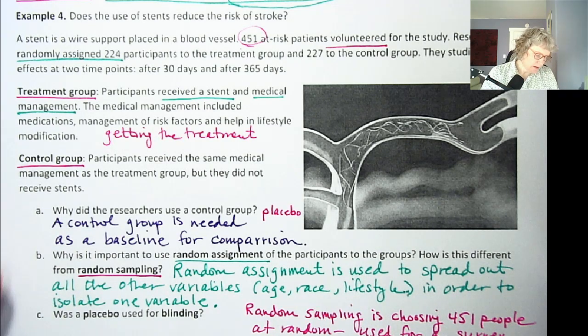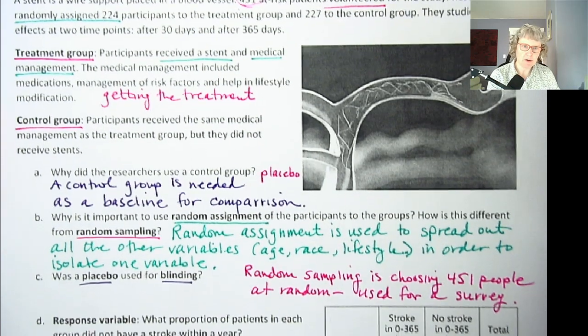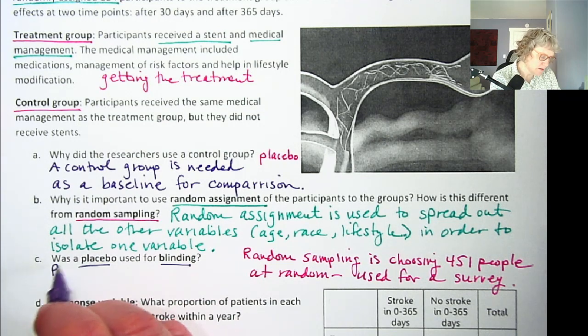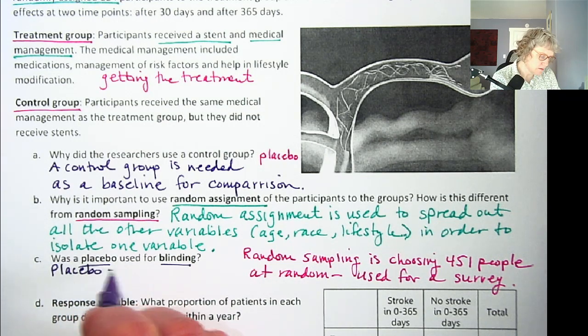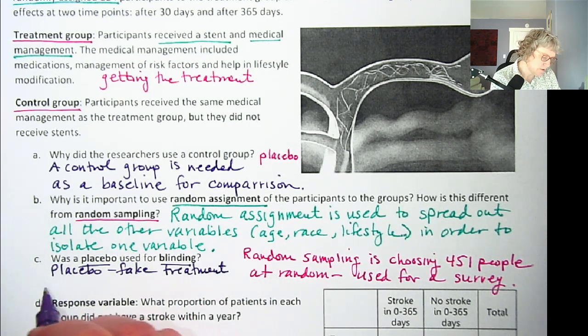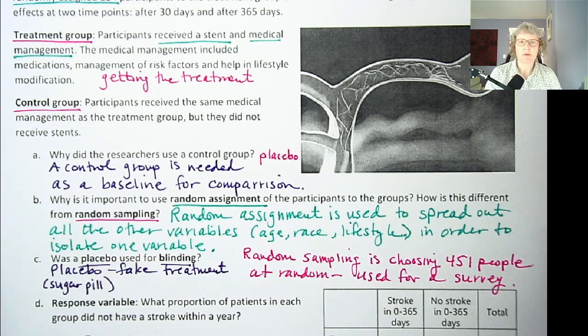Okay, great. Okay, so now another question, was a placebo used for blinding? So placebo, you've probably heard about placebo and placebo effect. A placebo is a fake treatment. You might have heard like a sugar pill. Let's say it was a drug-related thing and this person was taking a drug.